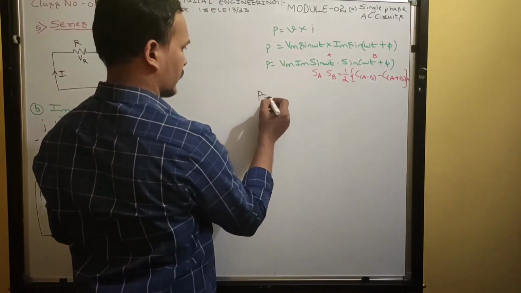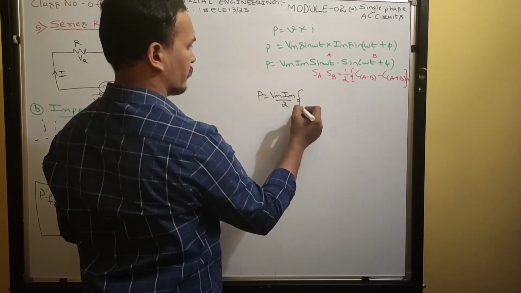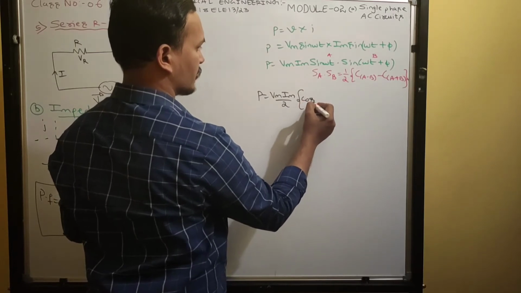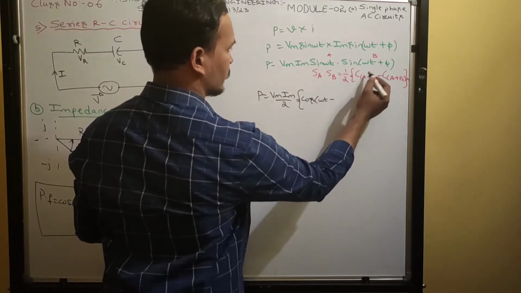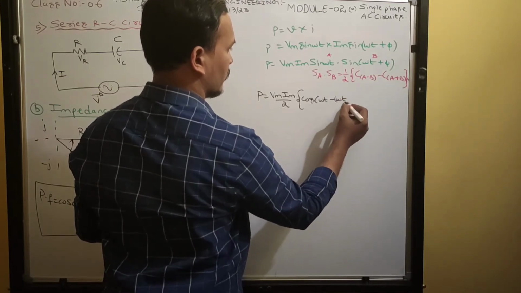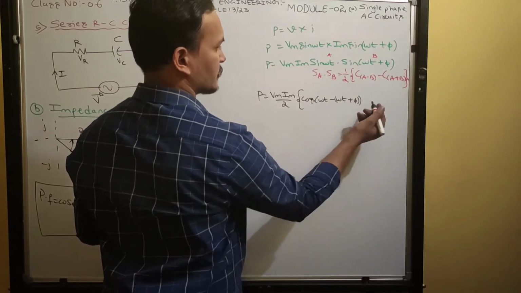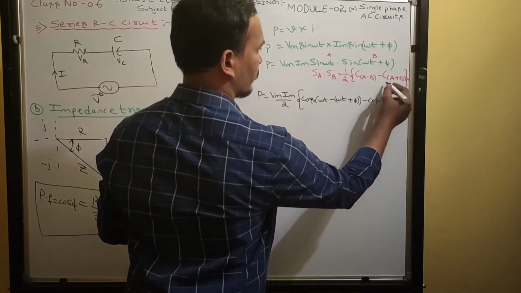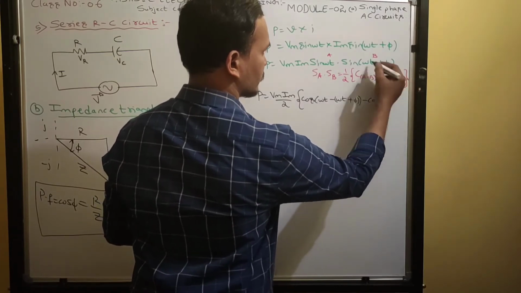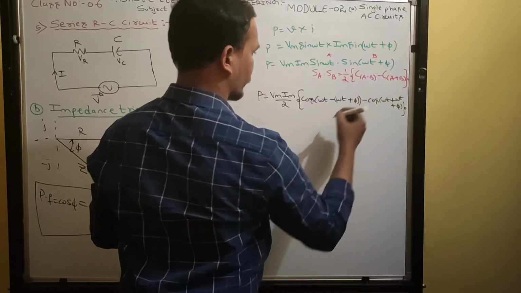So therefore we can write in detail Vm Im divided by 2, within the bracket cos(A minus B). What is the A value? Omega t. What is the B value? Omega t plus phi. Okay. This completes cos(A minus B). Then minus cos(A plus B). What is A? Omega t. What is B? Omega t plus phi. Okay.